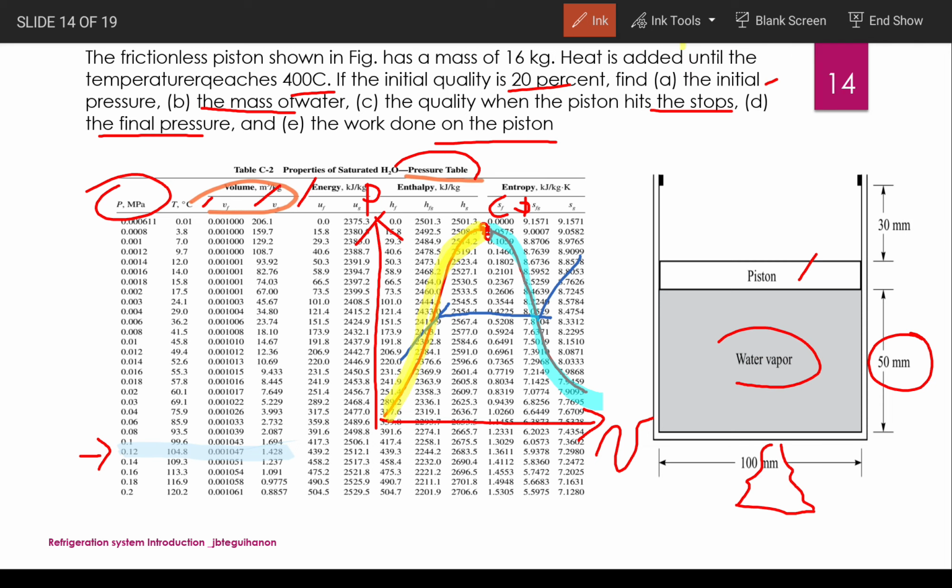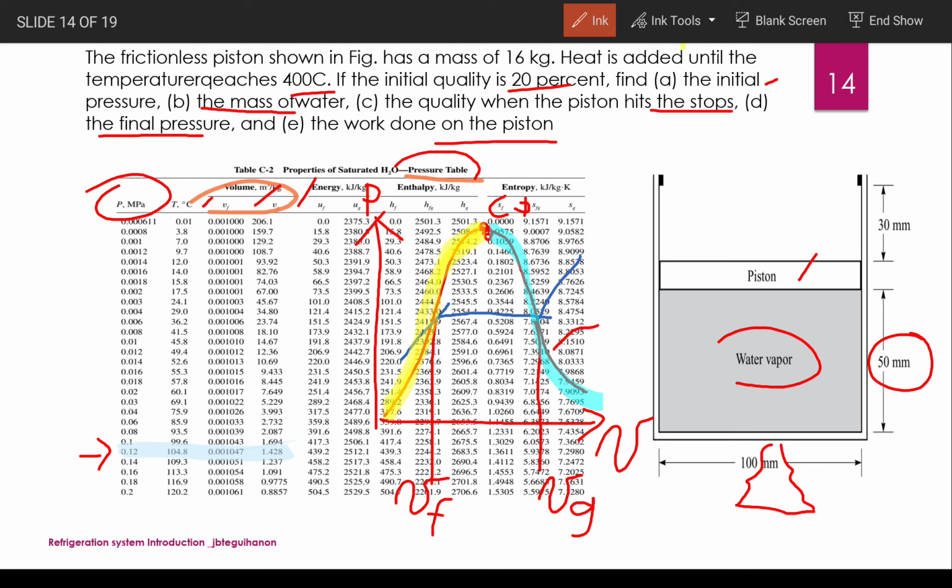Here is the specific volume of saturated vapor, and this is the specific volume of saturated liquid.